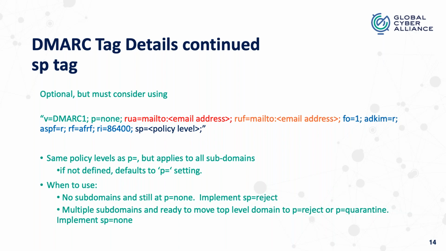Change your SP tag to reject or remove the SP tag. So if you do not use the SP tag, the default is the P tag, right? Because the P tag applies to your top level and all your sub-level domains. So whatever your P tag is, that's what the SP tag will take if you do not define the SP tag. All right.